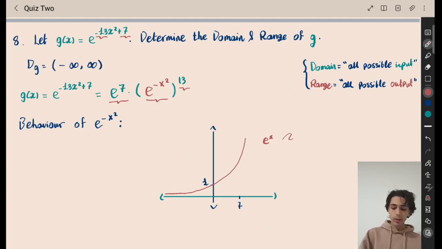And that is that e to the x is an increasing function, which means that if I go in the positive x direction, I will find a positive displacement in the y direction. That is what it means for a function to be increasing.